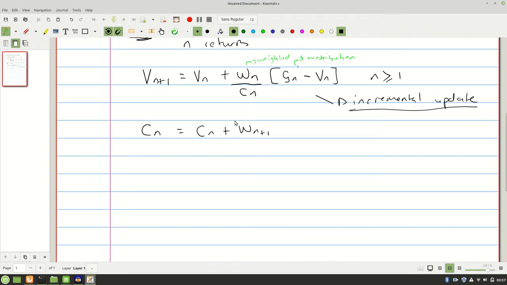To have a better idea of what I'm talking about, let's look at the pseudocode for off-policy Monte Carlo for the control problem. Let me open up a new page.